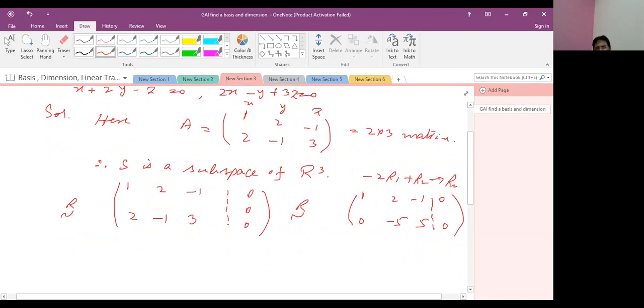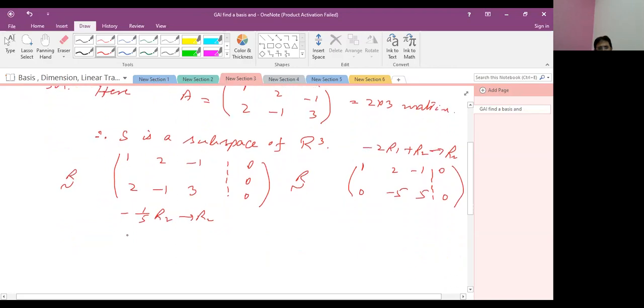Student, if we multiply by minus 1 upon 5 of R2, change in R2, it means first row as it is, and (0, 1, minus 1, 0).